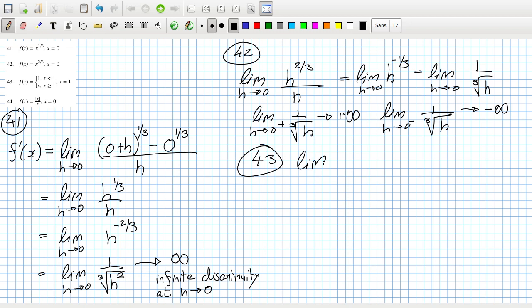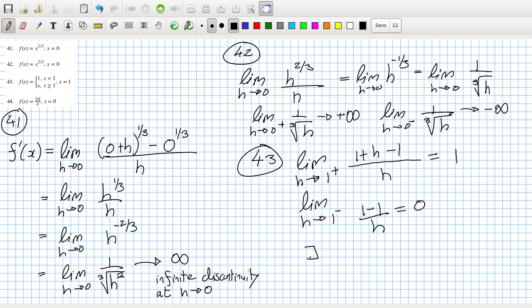So the limit as h tends to 1 from the right, then what will happen here is x for f of x. So that will be 1 plus h minus 1 over h, which is equal to 1. And then the limit as h tends to 1 from the left will be 1 minus 1 over h, which is 0.